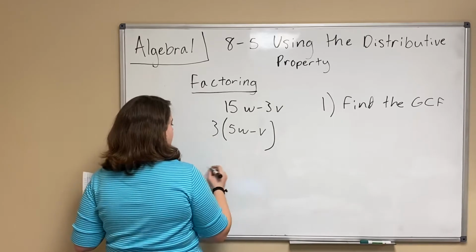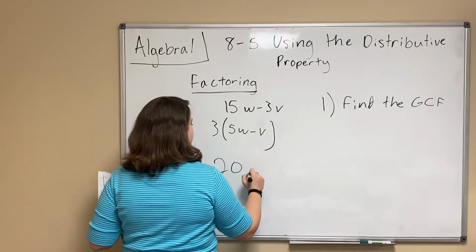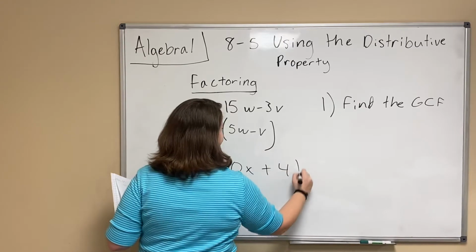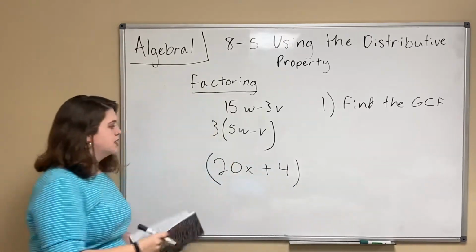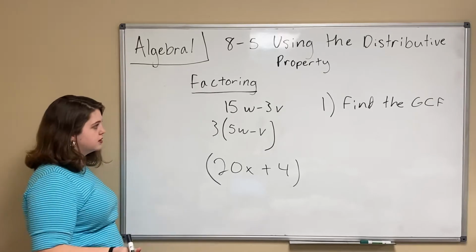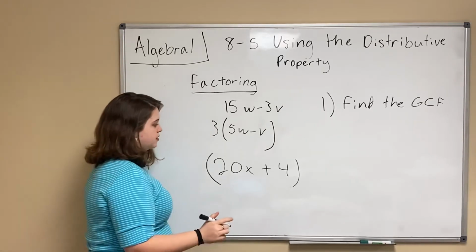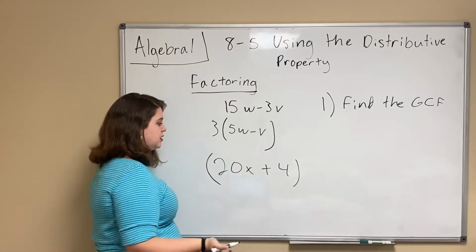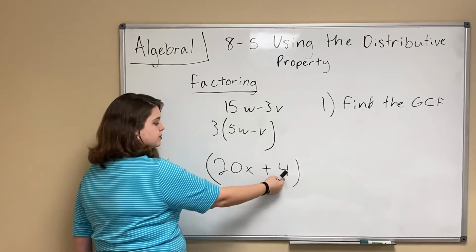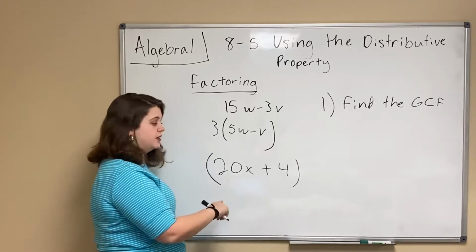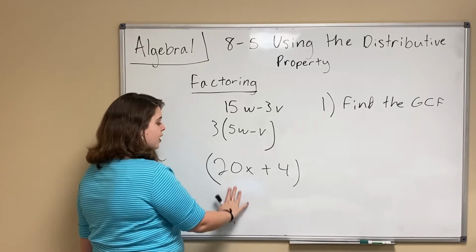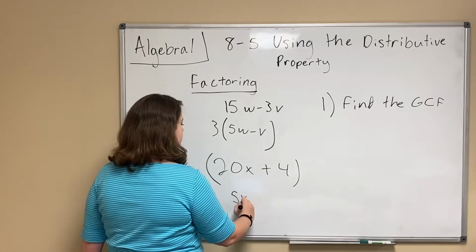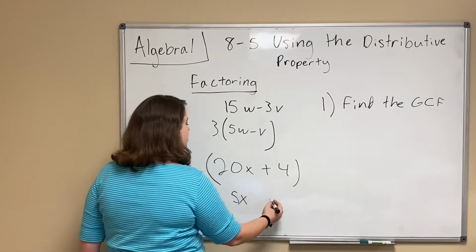So let's try another one. What if I had 20x plus 4? So if I'm looking at this, what is going to be the greatest common factor? It's probably going to be 4, because 4 goes into 4 and 4 can go into 20. If I take 4 out of 20, I'm going to be left with 5x, and if I take 4 out of 4, I just have 1.